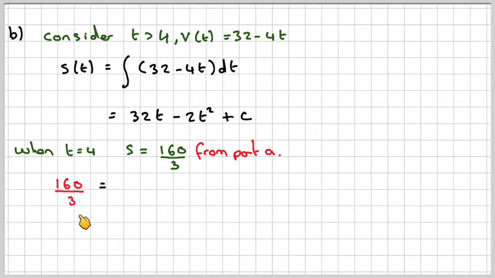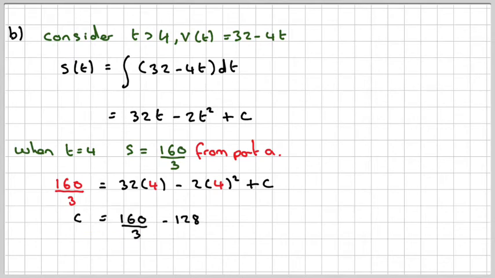So we get 160 over 3 is equal to 32 times 4 minus 2 times 4 squared plus c. So that will give me that c is 160 divided by 3 minus 128 plus 32.